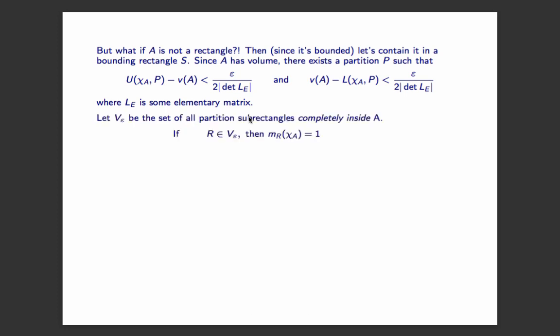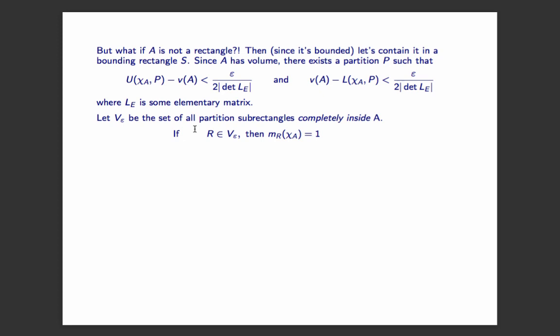So let's let V epsilon be the set of all partitioned subrectangles completely inside A. So remember, I have a partition P satisfying this bound. So P is a set of subrectangles.